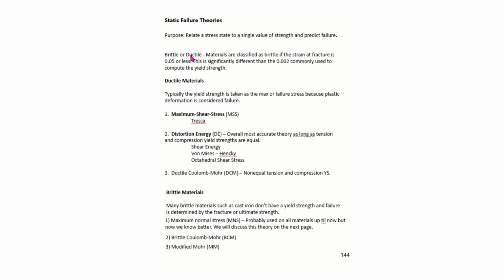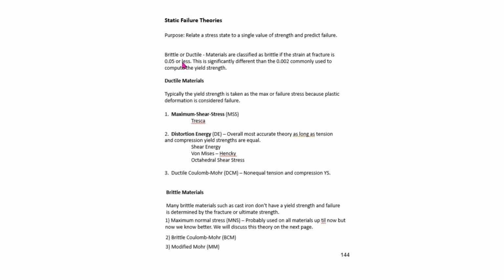So materials are classified as brittle if the strain at fracture is 0.05 or less. So 5% strain or less at fracture, and the material would be classified as a brittle material.